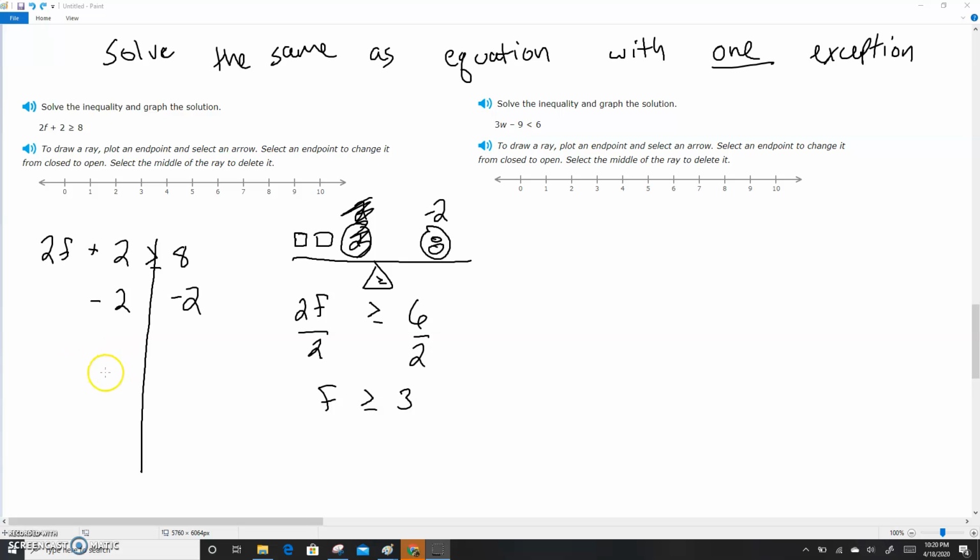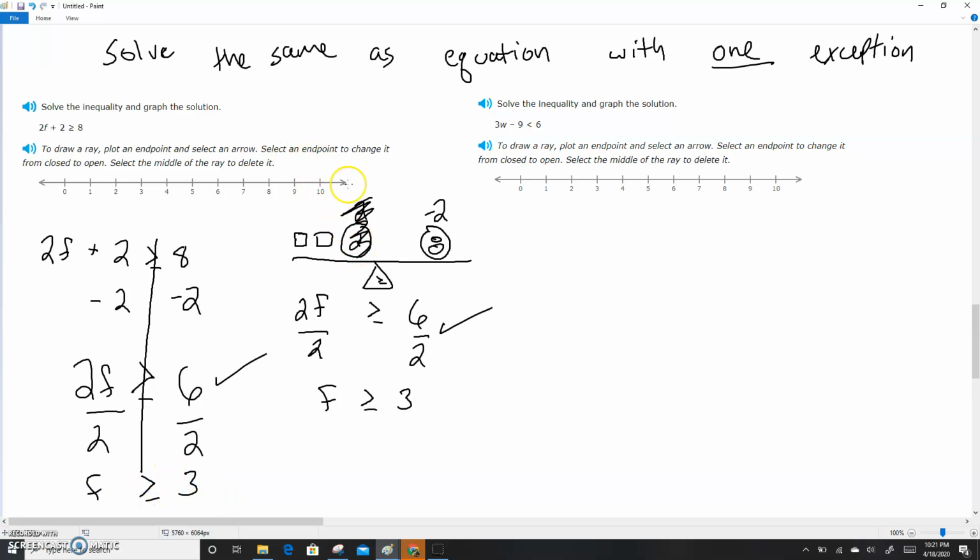So real talk, Mr. F just made a really dumb mistake. We get 2f is greater than or equal to 8 minus 2 is 6. See how this here is the same as this here? I divide both sides by 2, and I get f is greater than or equal to 3.